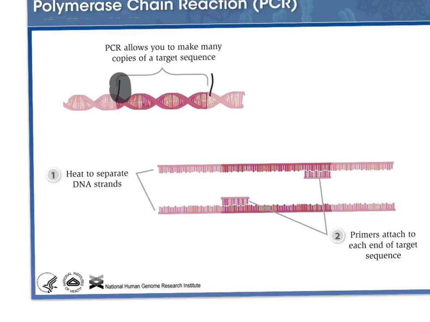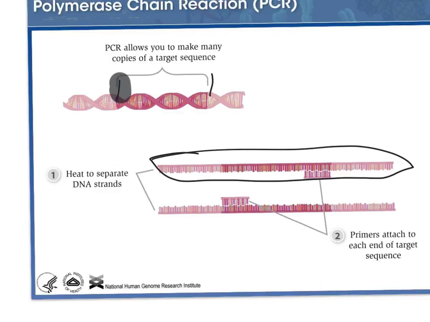Basically what you do is you take this double helix and you heat it, and these separate strands that used to be next to each other, tied together with these base pairs, they come apart. You can then take these bases, primers, that are on either end of the target sequence.